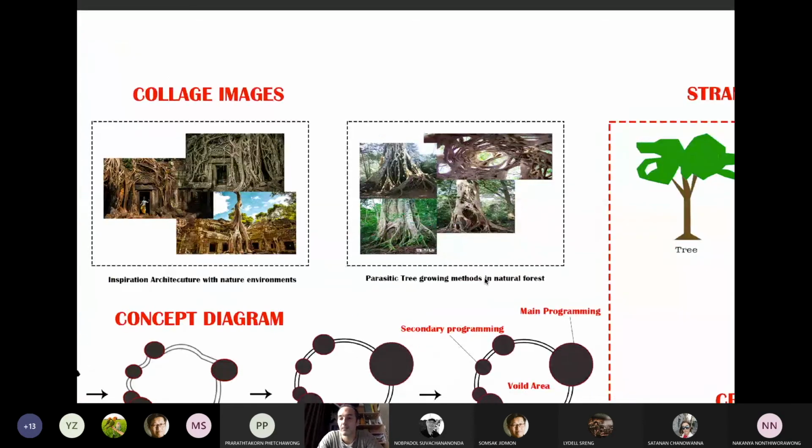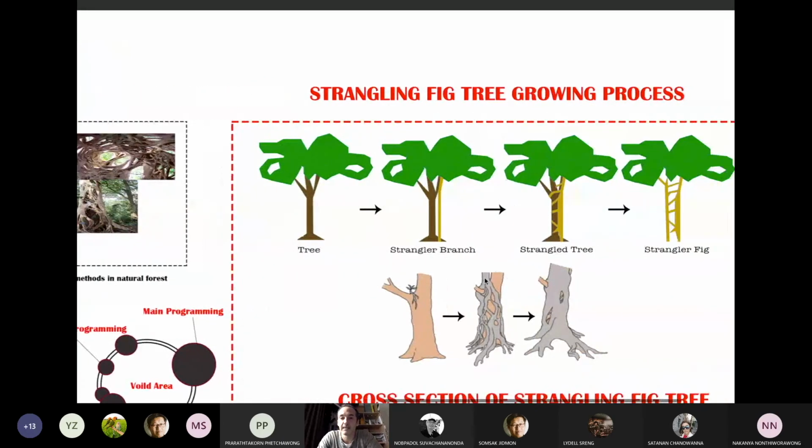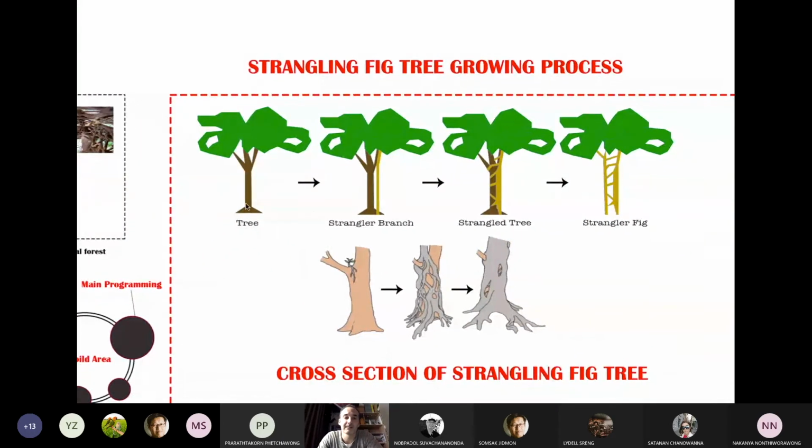So he took a look and observed. Finally, he started to think there is a tree, and then the parasite tree starts to attach and link, and at the end dries the original tree and becomes this kind of image.